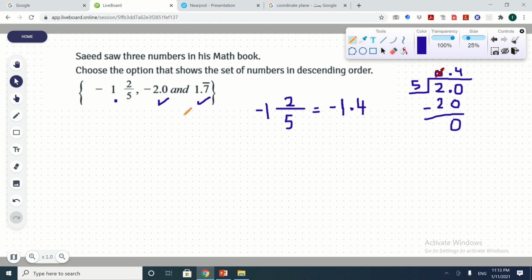-1.4. Now I know the numbers. I will put them in order. Here -1.4.